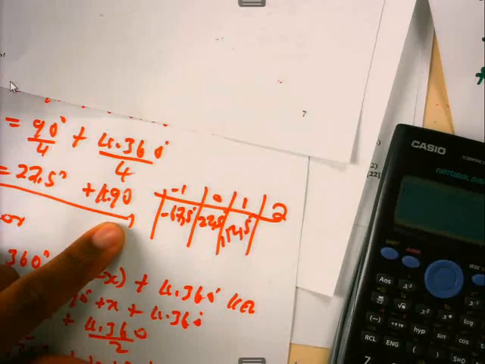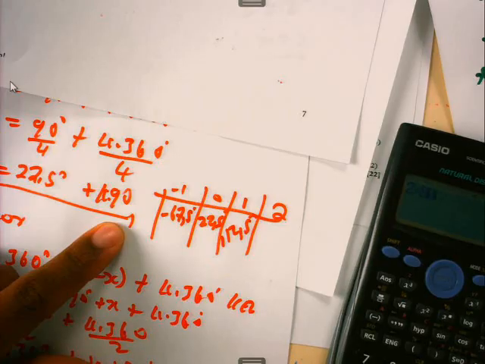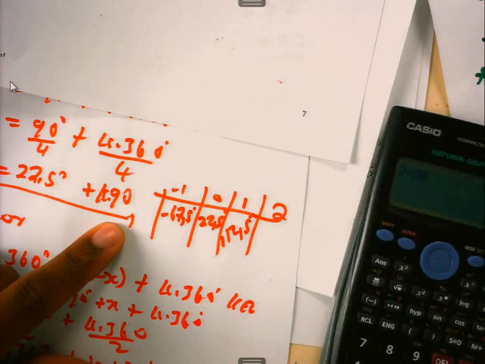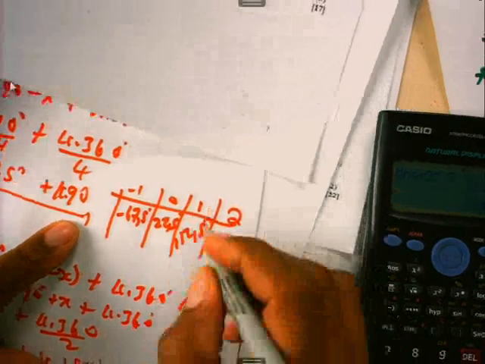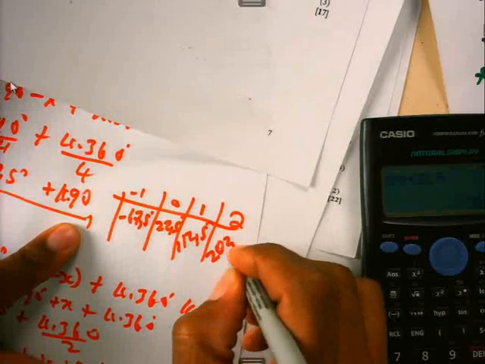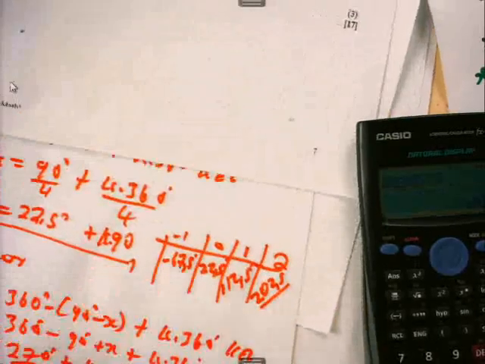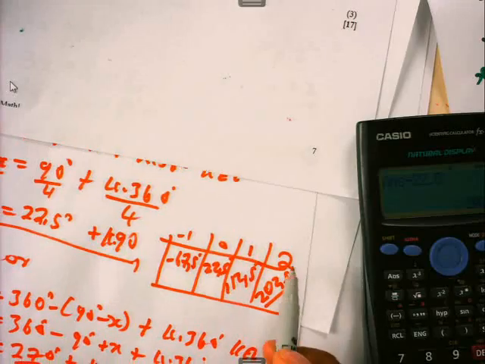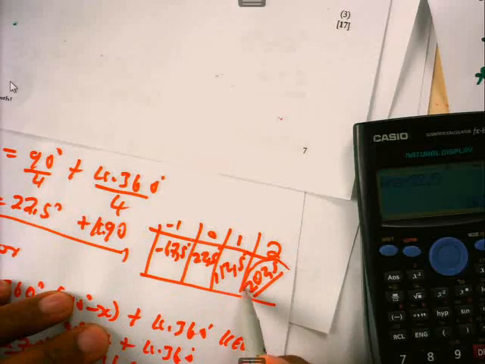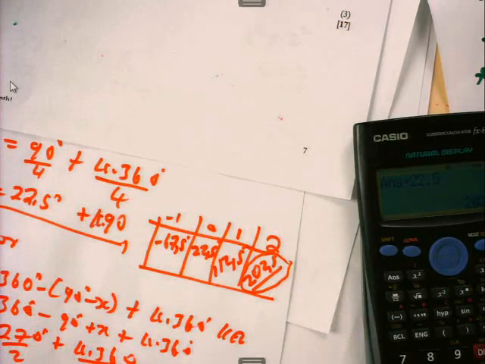If k is 2, that is 2 multiplied by 90, which is 180, and 180 plus 22,5 is outside the interval. So immediately I can conclude that this one is not part of the solutions.